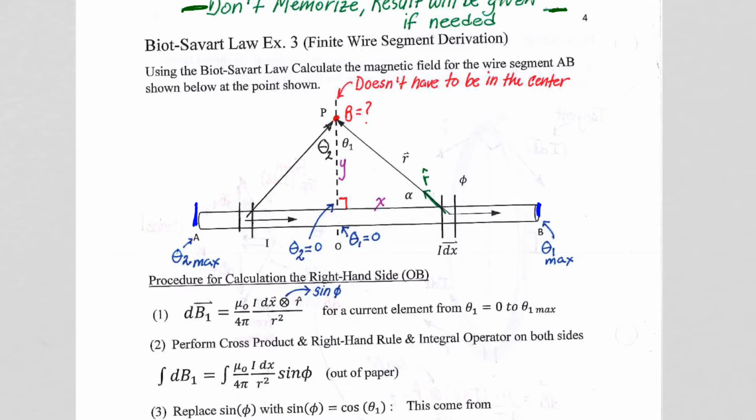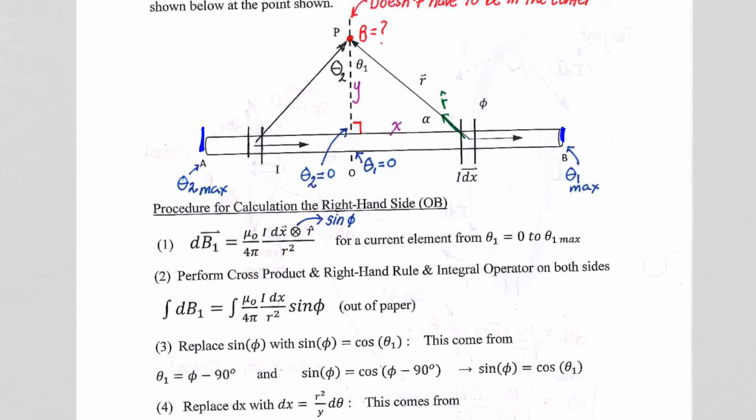So what we are going to do is apply the Biot-Savart law to the IDLs, the IDLs that are part of the current flowing in the problem. I have an IDL here, and then as we pass the point right underneath the B field, we have more IDLs out here.